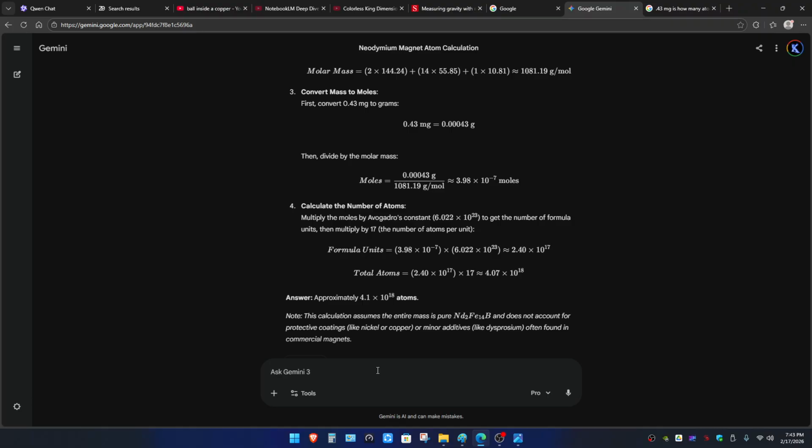Okay, so if I were to write it here, how big is this compared to the size of one electron?